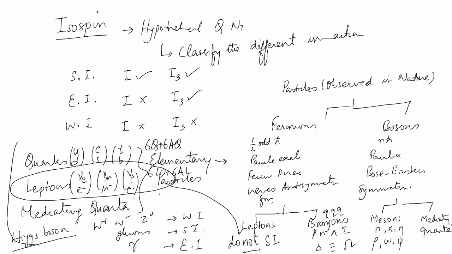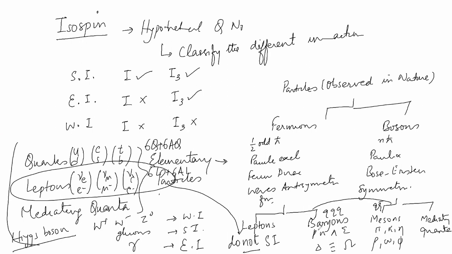Okay. Therefore, the important points are that mesons are quark anti-quark pairs, and baryons are 3 quark systems. As you have baryons, you also have anti-baryons, which are made up of 3 anti-quarks.